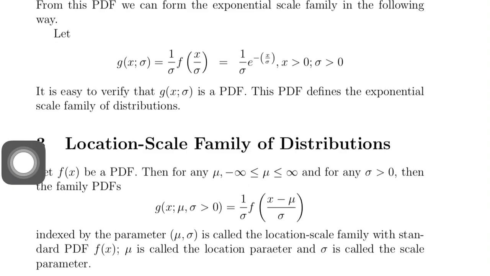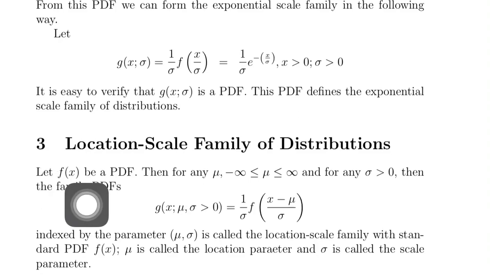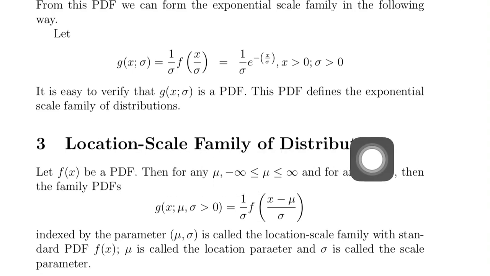Okay, so we have considered so far a location parameter and a scale parameter families. Okay, and you can change the scale as well as location parameters by making some changes of the standard density in that family, and such a family will be called a location scale family of distributions.